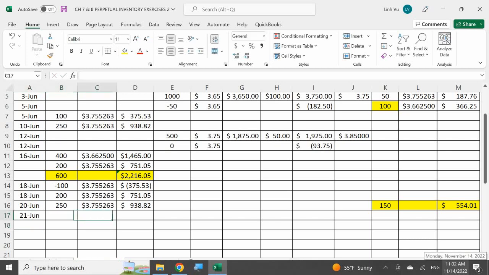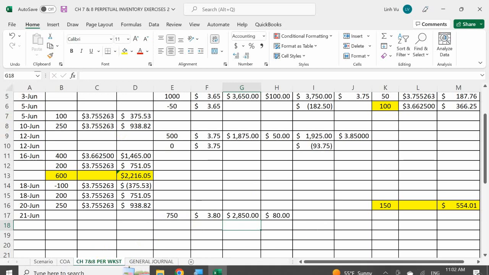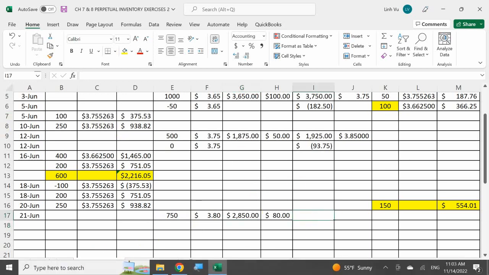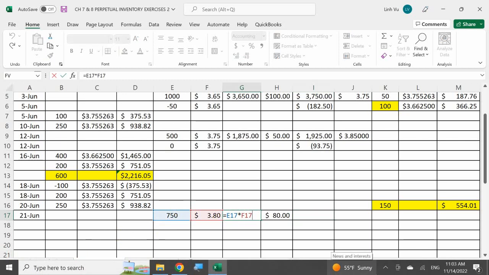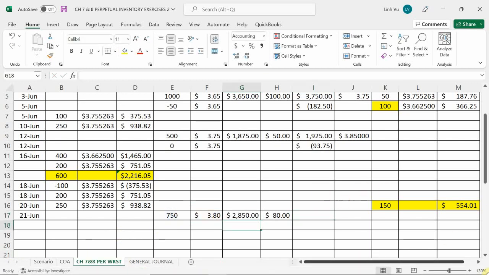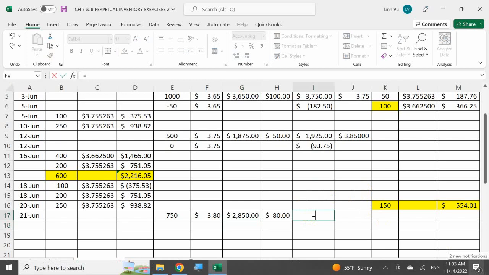So it's June 21st. We purchased 750 units at $3.80 with a freight of 80. So 750 times 3.80 should give you $2,850, plus 80 is going to give you $2,930.